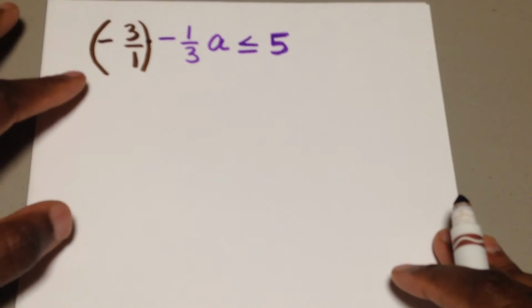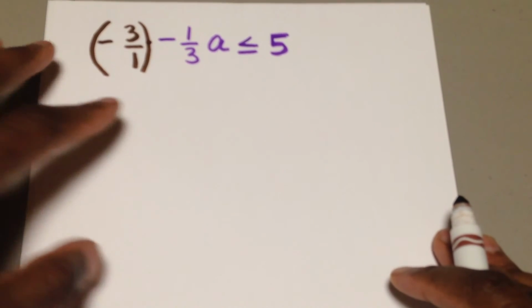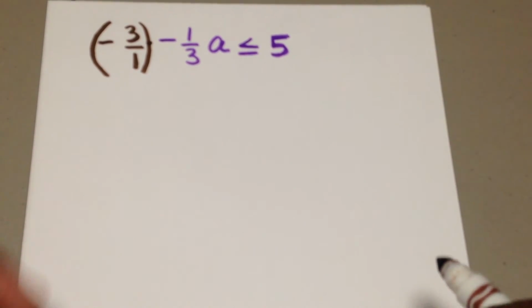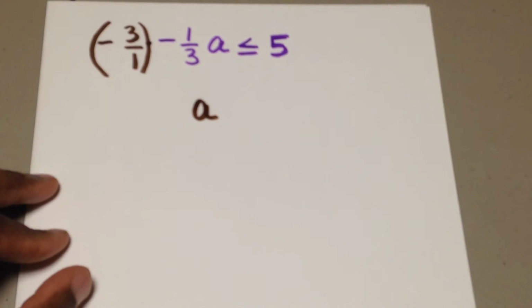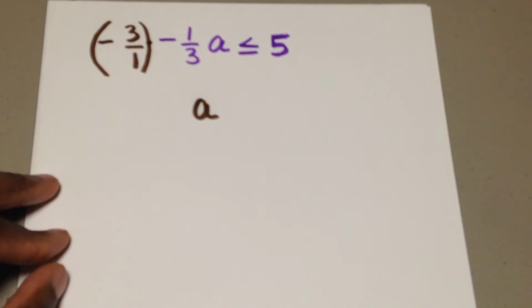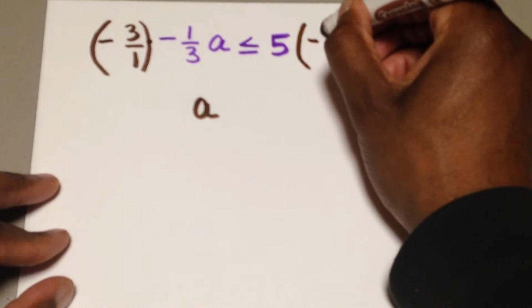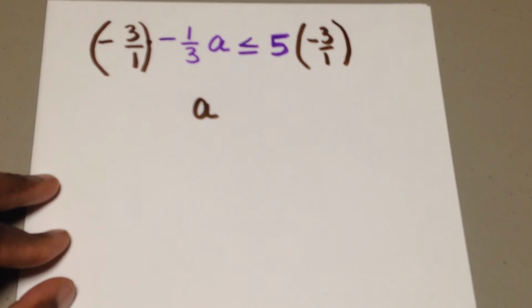By multiplying the negative 3/1 times the negative 1/3, it will cancel out, and what I'll be left with is just 1. So I'll be left with 1a on this side. Then I'm going to do the same thing on the other side. I'm going to multiply this side by negative 3/1, which is the same thing as just multiplying it by 3. And see what happens here.